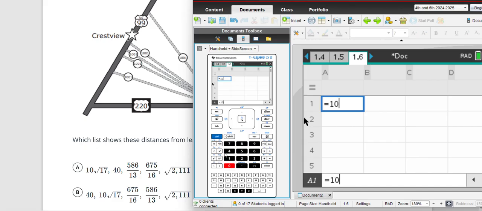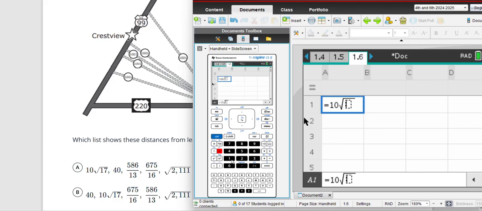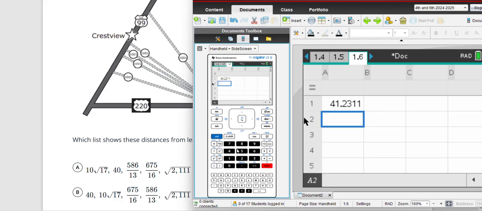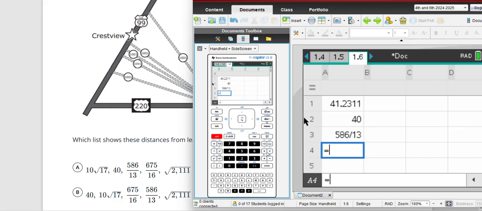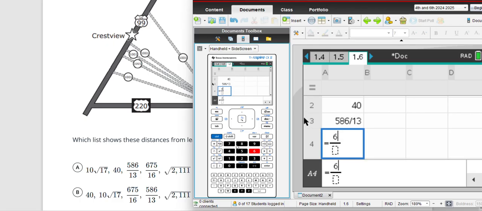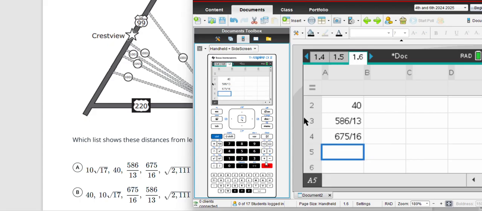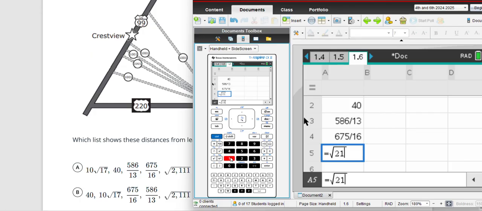Let's just type it in: 10 times the square root of 17 equals 40 equals 586 over 13 equals 675 over 16 equals the square root of 2,111.